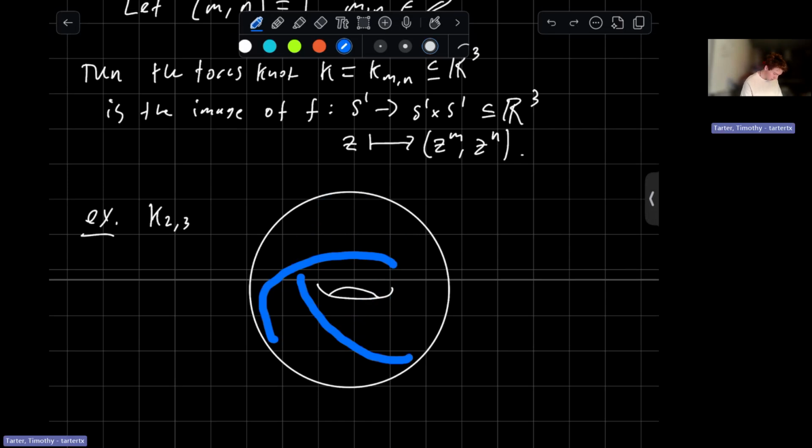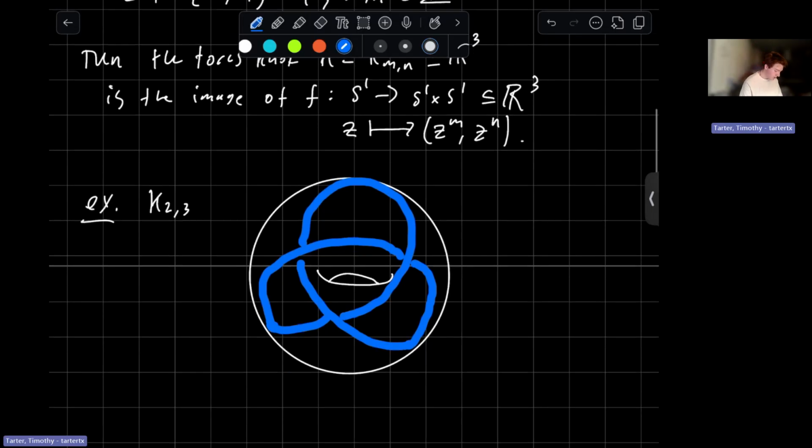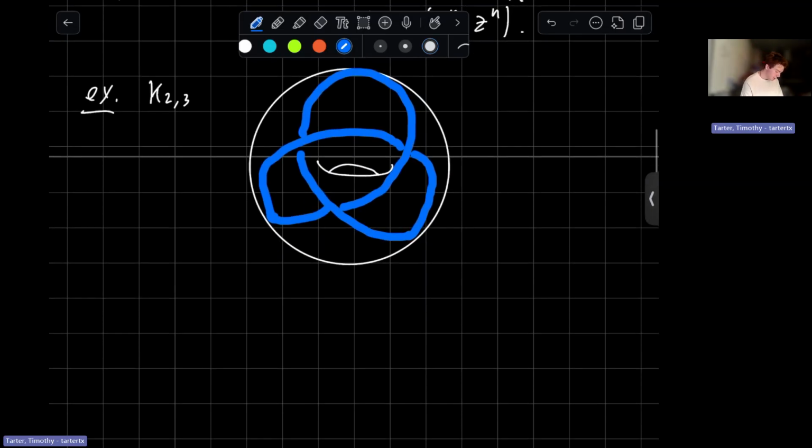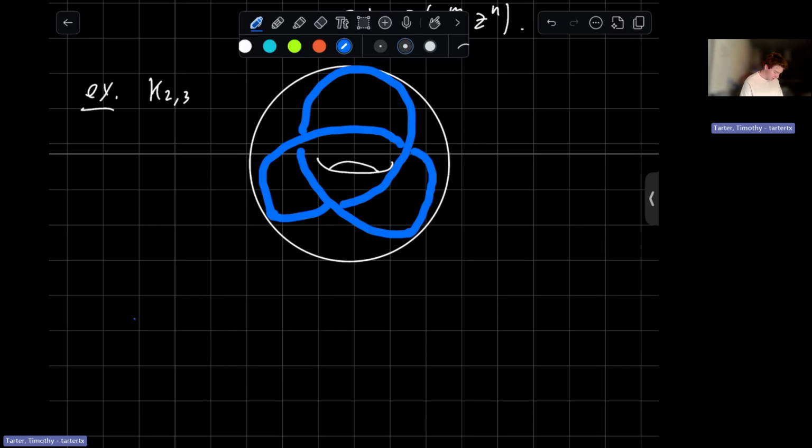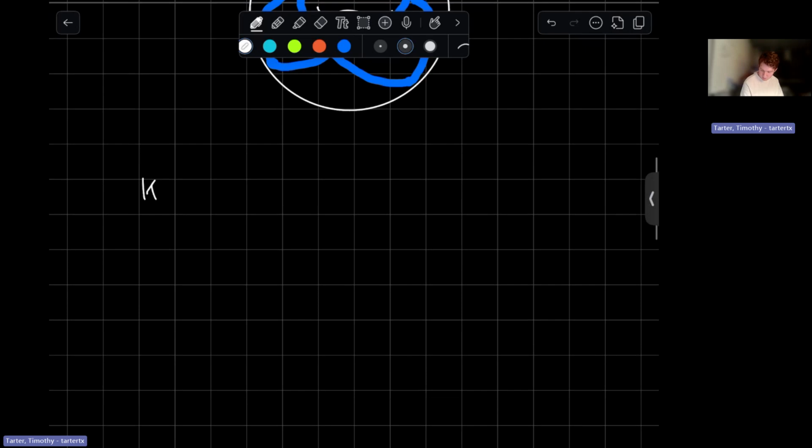There we go. All right, so this is the knot (2,3), and then the knot (3,4) would be.